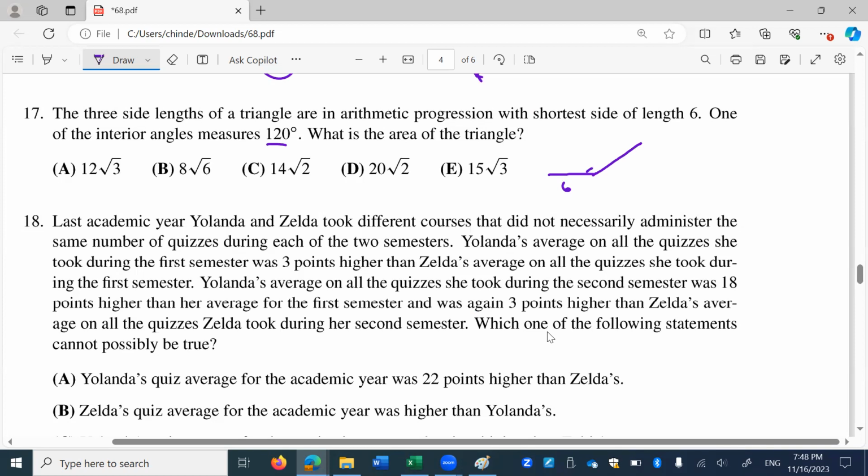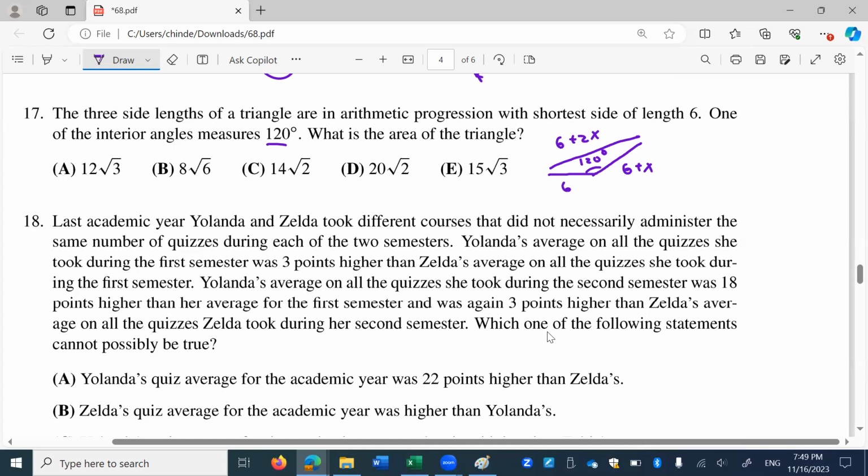So let's draw our 120 over here, and we're going to have 6 plus x, and 6 plus 2x. I guess we can calculate x using the law of cosines, and then we can calculate the area as 1/2 AB sine theta.